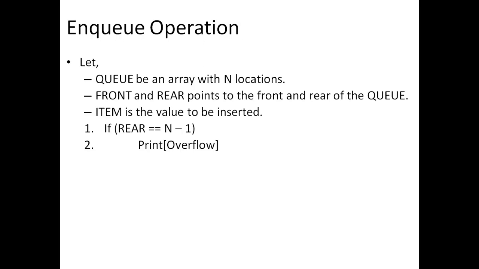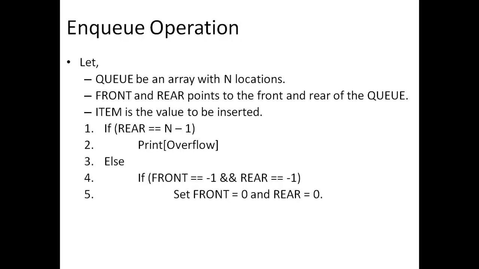If the queue is not full, then we will first check if the queue is empty or not by checking if front equals minus 1 as well as rear equals minus 1. If this is the case, then one has to update both the pointers, front as well as rear, to 0.